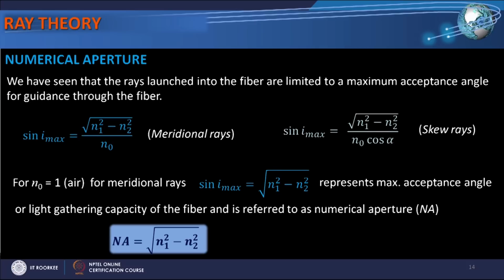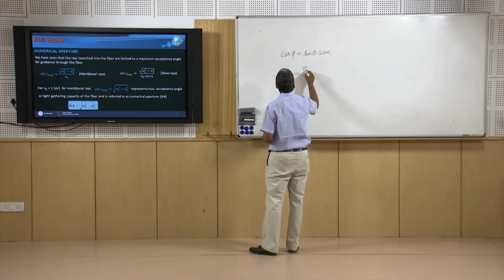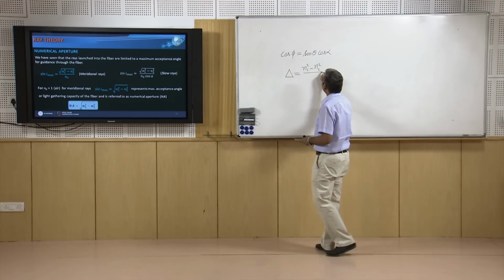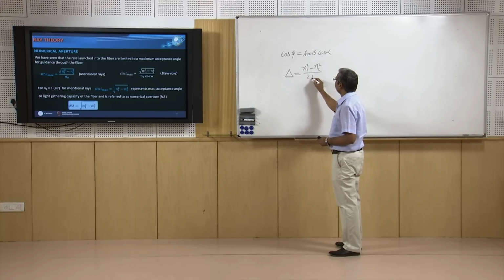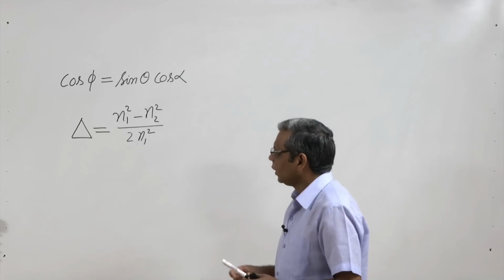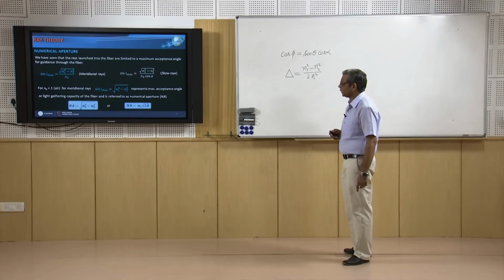If you remember that I had defined relative core cladding index difference delta is equal to n1 square minus n2 square over 2 n1 square. So, I can represent this NA also in terms of delta.